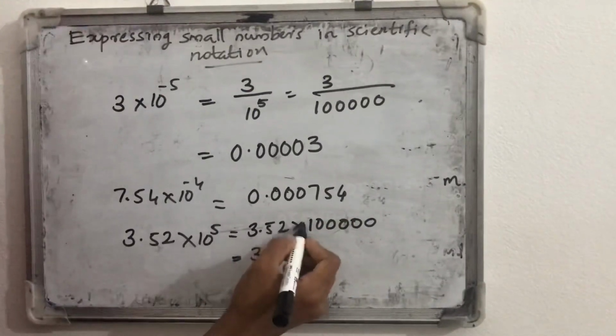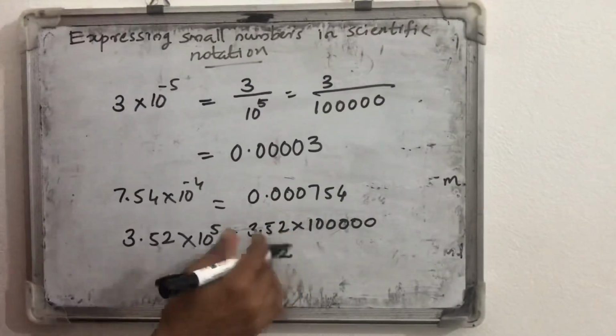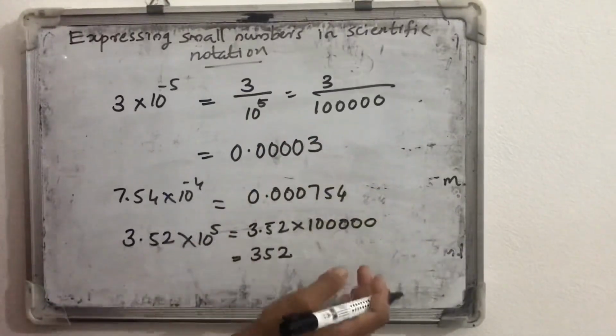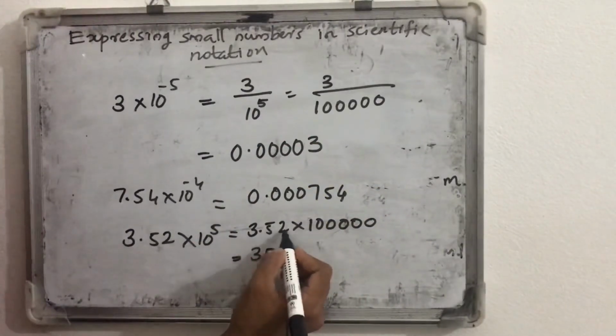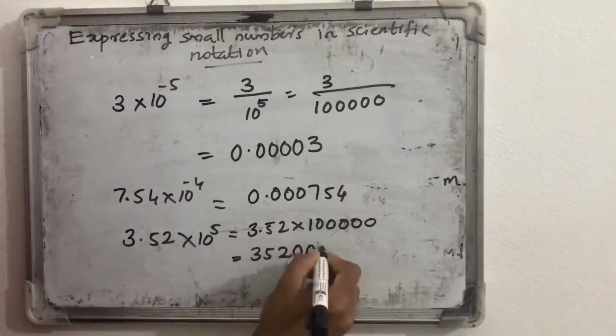When we multiply a decimal number with powers of 10, we already know what happens. We want to move 5 decimal places to the right side. Already 2 places are there, so to make it 5, we add 3 more zeros.